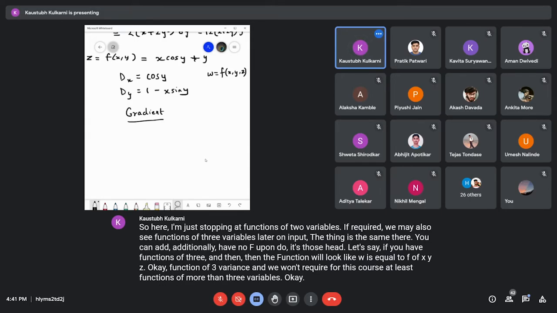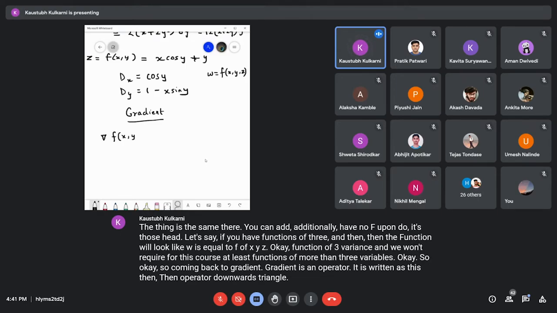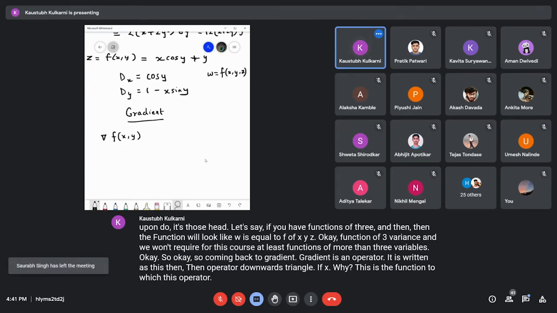Okay, so coming back, gradient is an operator. It is written as del operator, the downwards triangle, f of x y. This is the function on which the operator del is operated.